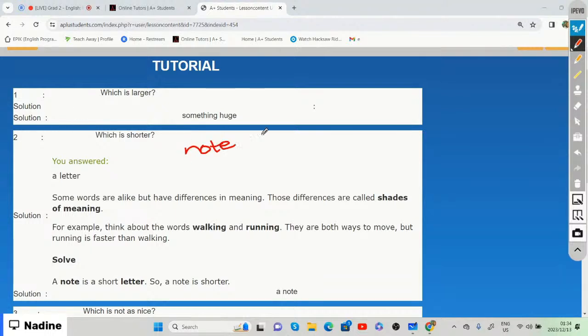Is it a note or is it a letter? Which is smaller or shorter? Is it a note or is it a letter?